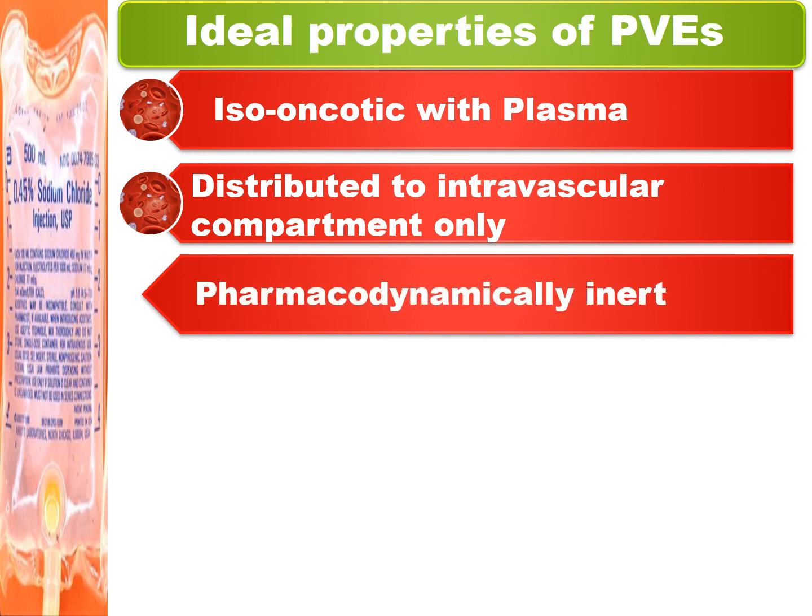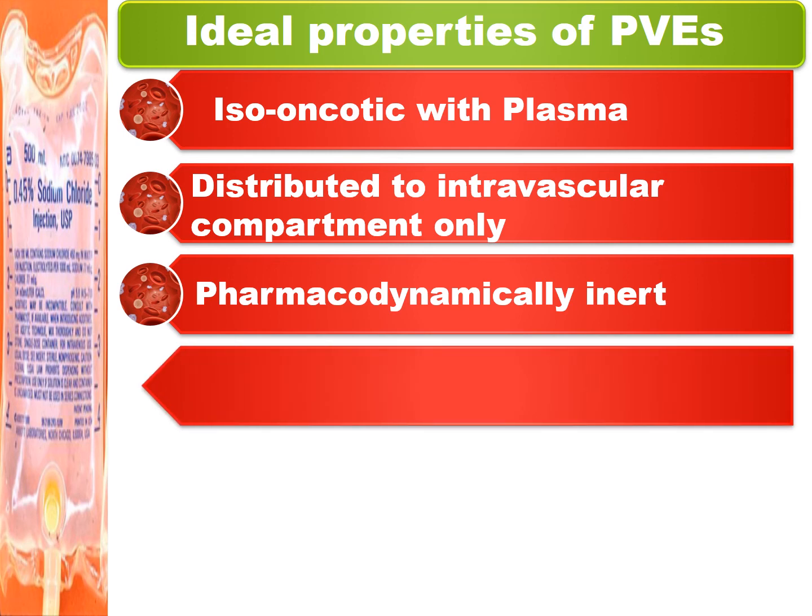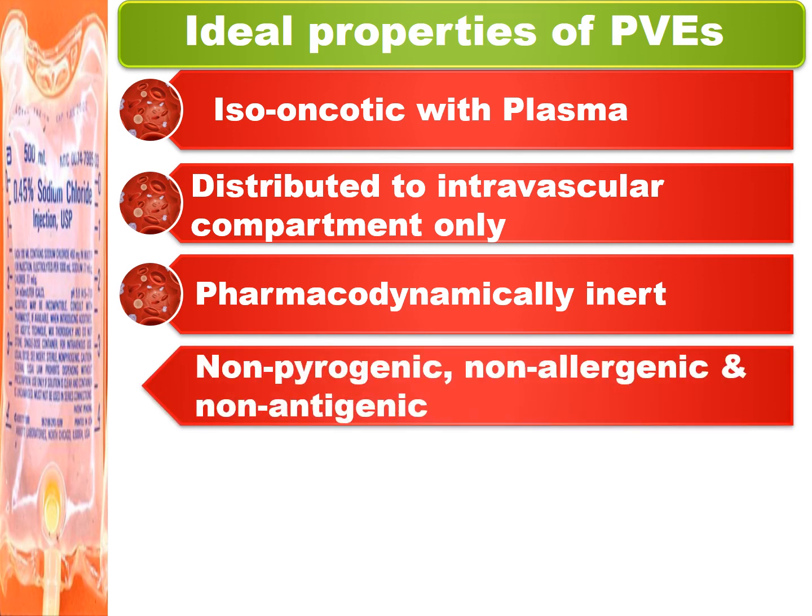Then the third ideal property is that plasma volume expanders should be pharmacodynamically inert. And the fourth ideal property is that they should not be pyrogenic, and they should be non-allergic and non-antigenic.